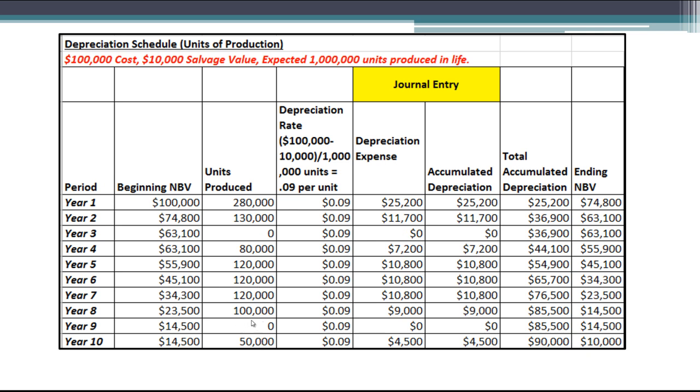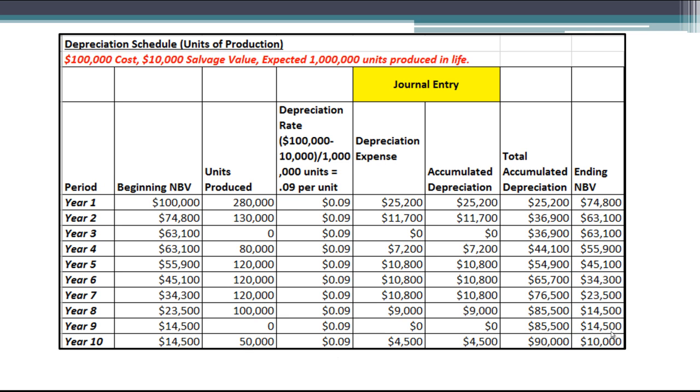But let's say year 10 ended up having 60,000 units produced. We still want to keep the 10,000 salvage value. So if we had 60,000 units produced, which takes us over the 1 million units, and that would take our total depreciation above 90,000 and our net book value below 10,000, we would basically say we don't want to do that.